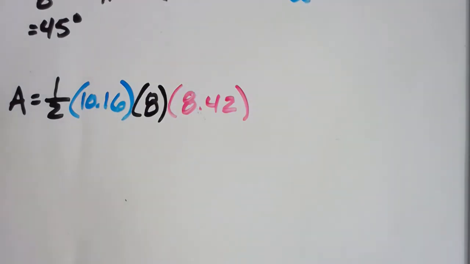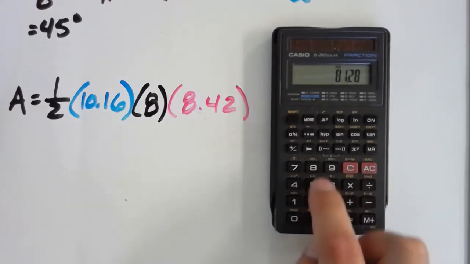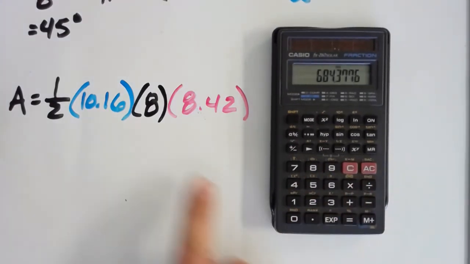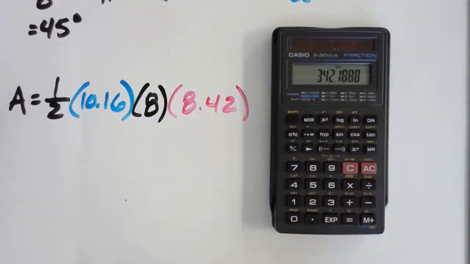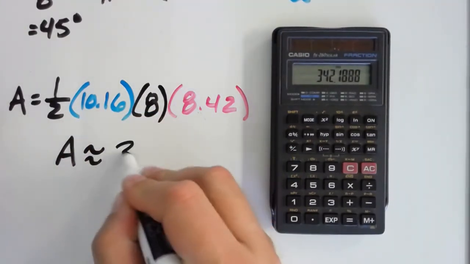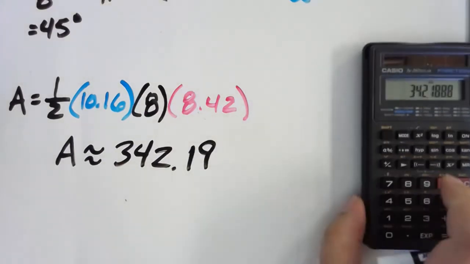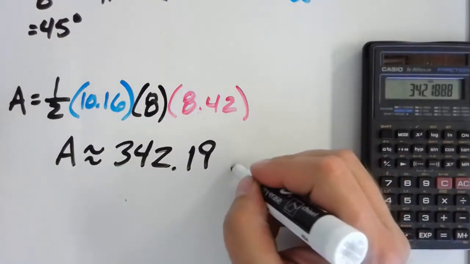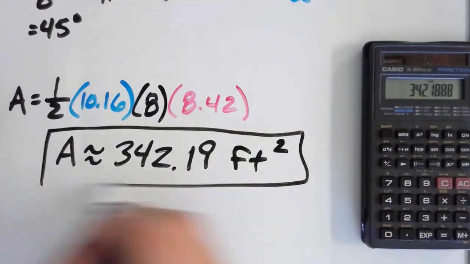And now I just do the calculator work. 10.16 times 8 times 8.42. That's those three multiplied together. Just remember to cut that in half. Divide by 2. Let's go to 2 decimal places. Area is about 342.19 square units. I think they just use regular units. I described them as feet, so this would be square feet.